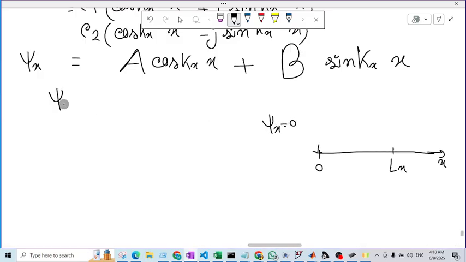But as psi x is continuous, that means at this point psi x is also equal to 0. Similarly, in this region psi x is equal to 0, but as psi x is continuous, I will not get an abrupt change here. That means it's not possible that in this region psi x is 0 and in this region psi x is equal to 2. No, it's not possible.